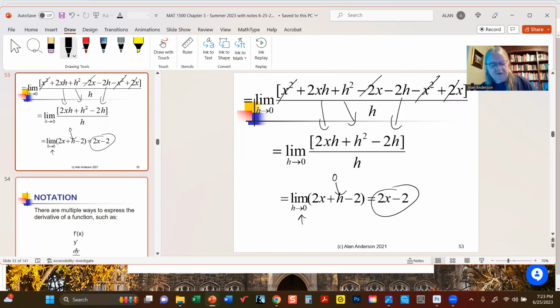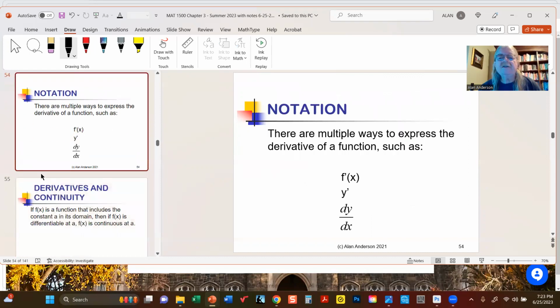Now, here's a discussion about the notation, which I've already mentioned to you. There's a few different ways, and these are not the only ones, but these are the most commonly used ones that you see for the derivative. By the way, it'll come up soon enough, I might as well mention it to you now. It's possible to take the derivative of a function multiple times. Now, you're going to ask, why would you do that? Well, there are good reasons why you might want to do something like that.